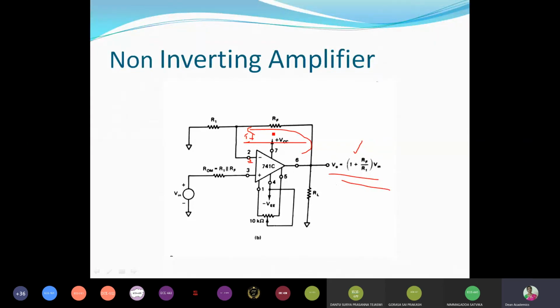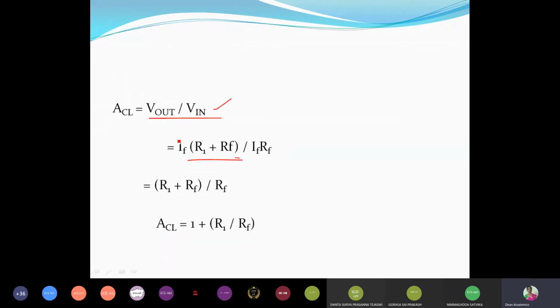Here it is a virtual ground, and you know that this input is open, therefore current doesn't flow this side. So the same IF will be flowing through this. Therefore V out is equal to IF into RF plus R1. This is V out.